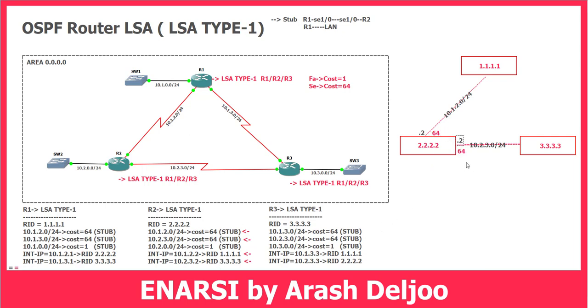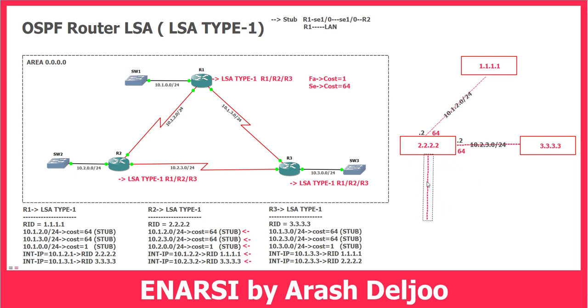That's it. Also in router 2 we have another line: I am connected to 10.2.0.0/24 with the cost of 1 without any more information. This means that router 2 also has one connection to this network without any neighbor. This is like a LAN.